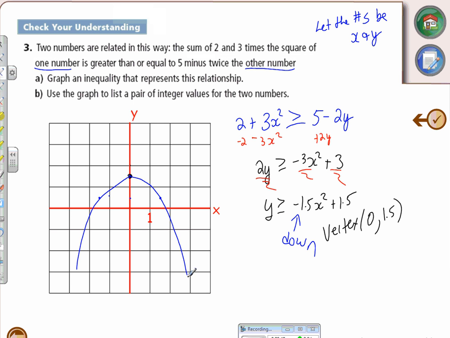Do I get to do a solid line, or do I need a dotted line? Because it's equal to as well, I get to have a solid line. Now we need to shade. Which side do I shade? Because it's greater than, I'm going to shade above.